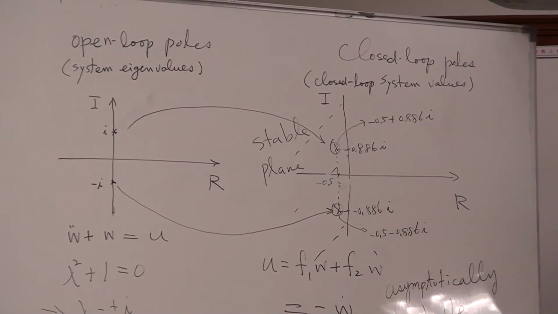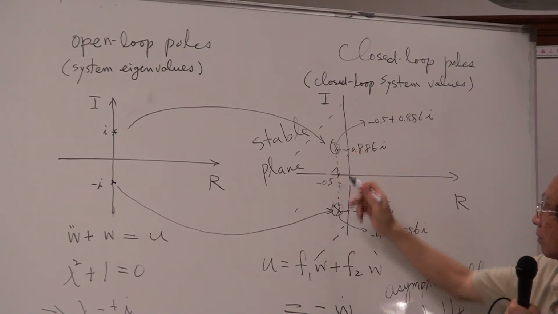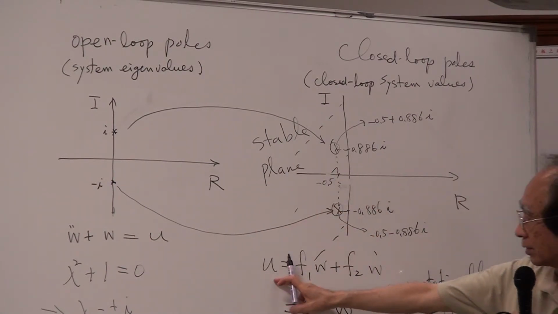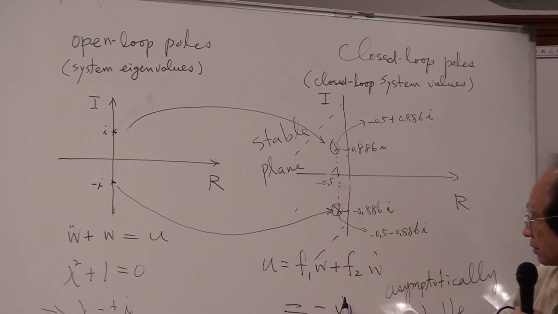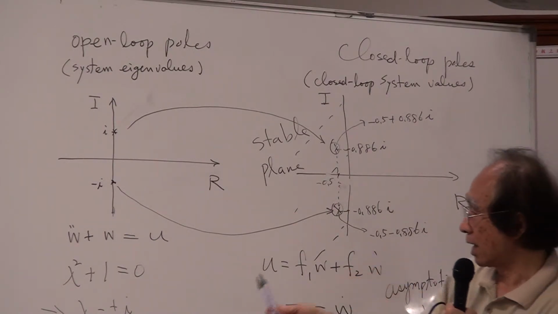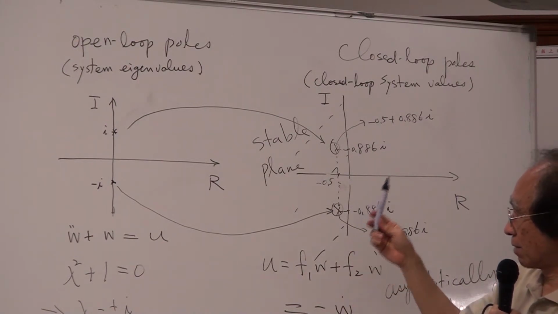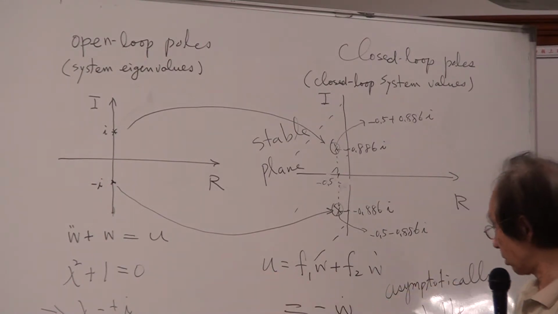So, in my closed loop design, I give the pole. I say, this is my desired pole. I come back to compute what kind of U I get. And if I give this kind of pole, my U will be just minus W dot. That means my original open loop system is not asymptotically stable.